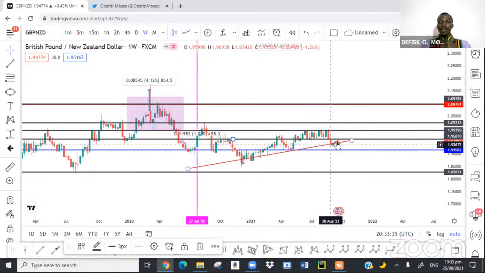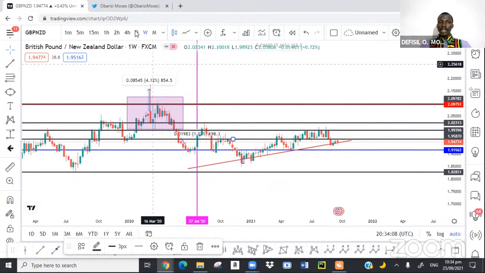That means this will be the pullback, and at the completion of the pullback, another bearish candle emerges and starts trading below this area. Then we'll consider taking a sell opportunity, which should be a trend reversal of this whole movement over here. So that's my own trading opinion as regards this movement.